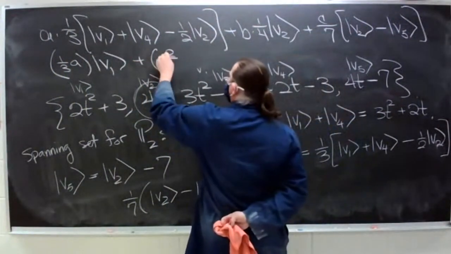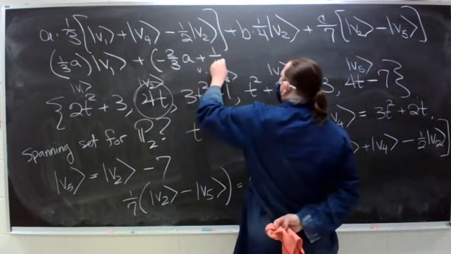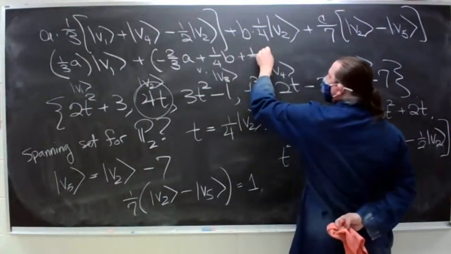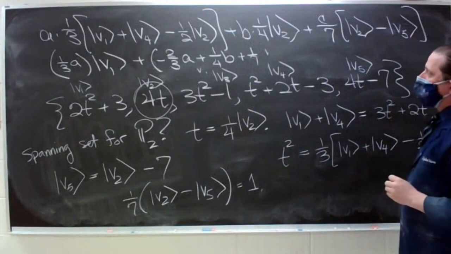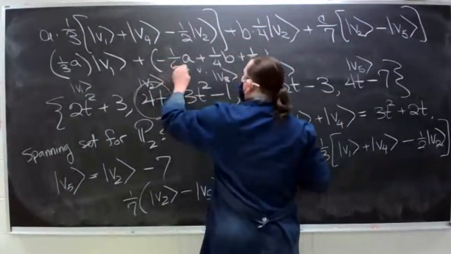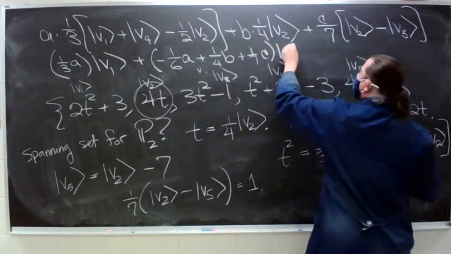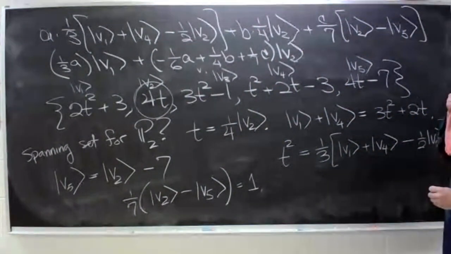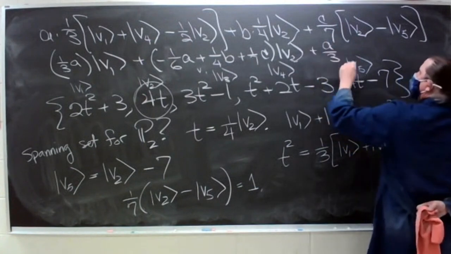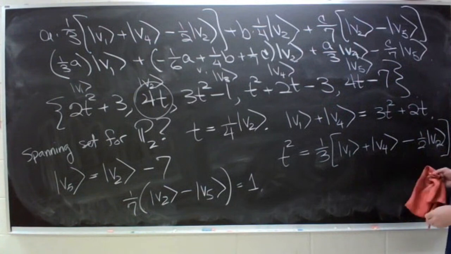So it's going to be minus 2/3 A. Oh, wait. Minus 1/6 A plus 1/4 B plus 1/7 C. And then I've got v4. So that's A over 3 v4. What a mess.